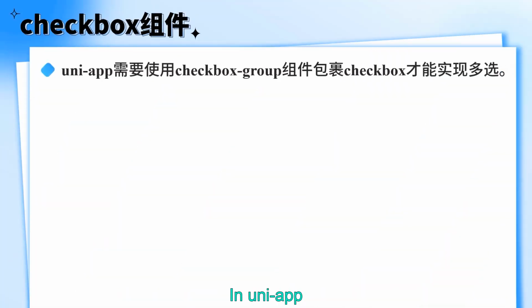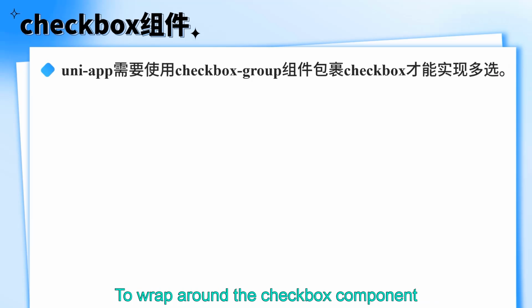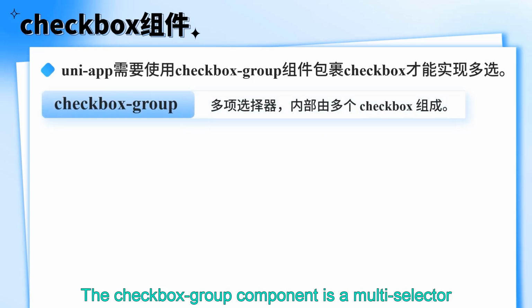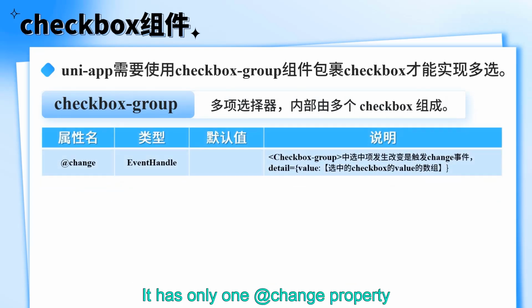In Uni APP, you need to use the checkbox group component to wrap around the checkbox component to achieve multiple selections. The checkbox group component is a multi-selector. It is internally composed of multiple checkbox components. It has only one change property, which is an event handling property.